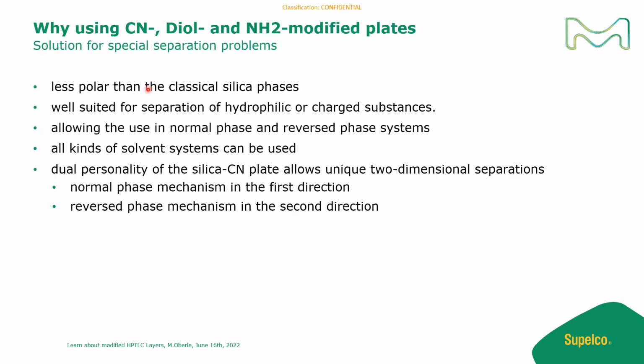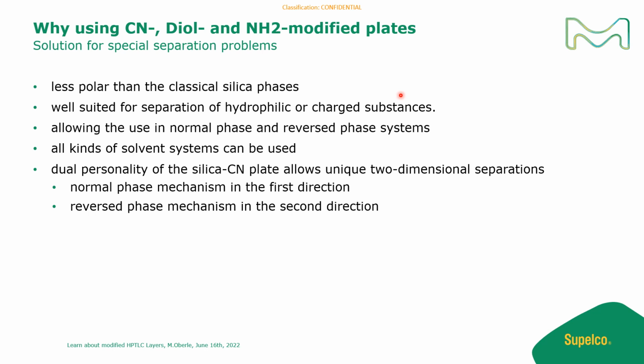So why should we use these special modified layers for our separation? It offers us specific conditions to find the best separation condition for our special separation problem. The layers are less polar than classical silica phases.